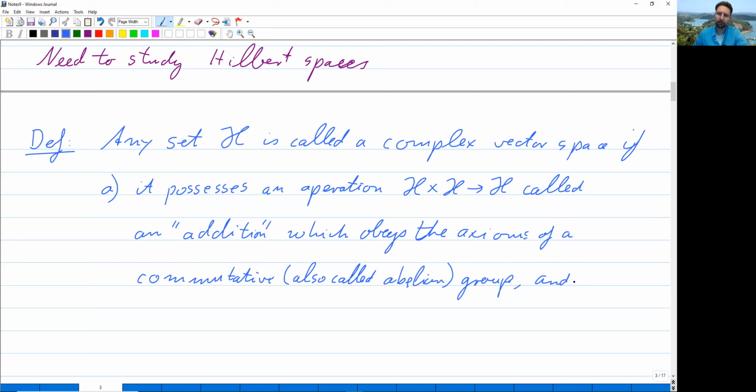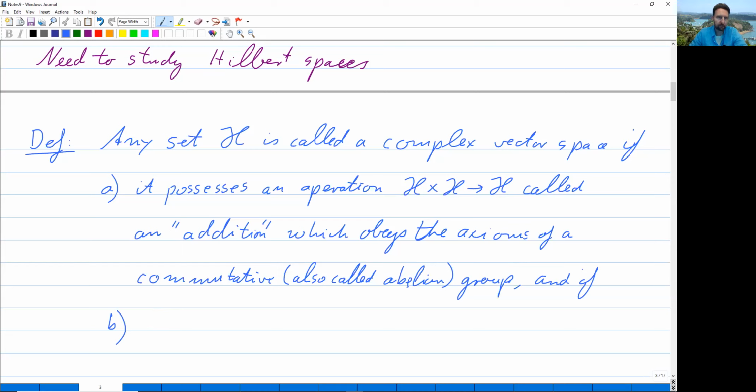And if, and there will be a point B that I'm getting to in a moment, but let me just tell you something about this part of the definition. So we want to define what kind of sets are called complex vector spaces.